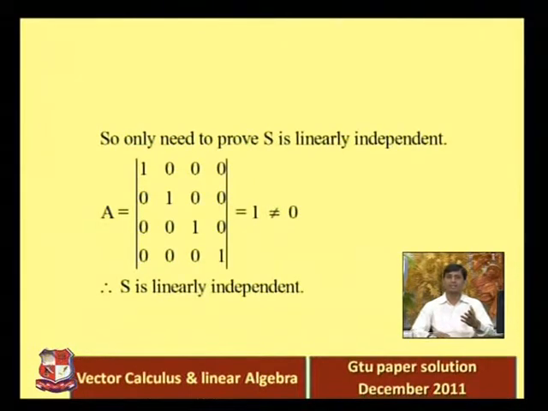So it is quite easy to find the value of this determinant. It is equal to 1, which is not equal to 0. So S is linearly independent. That's why, using the previous theorem, S is a basis for the set of 2 by 2 matrices.